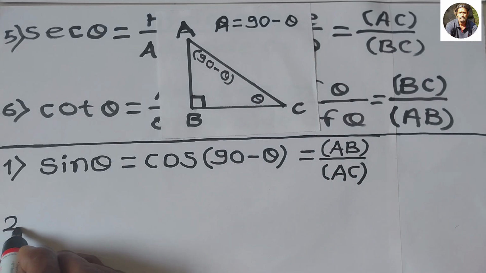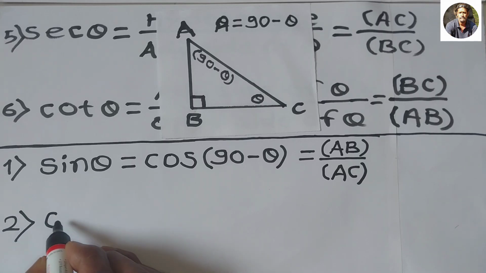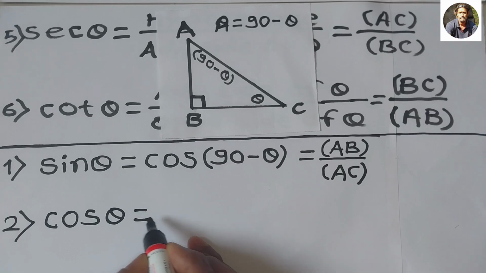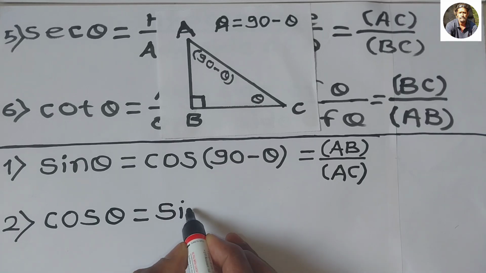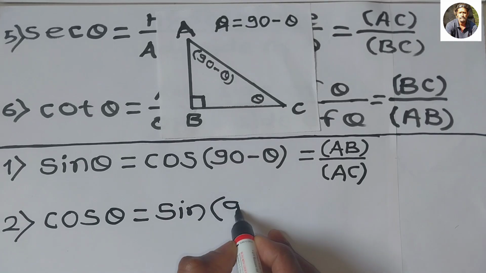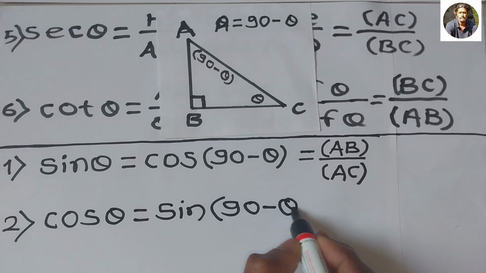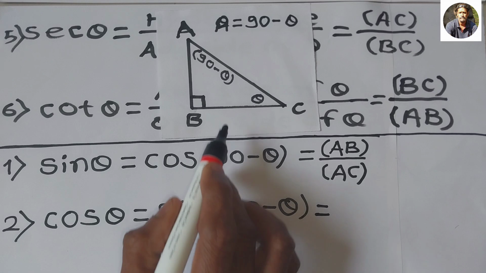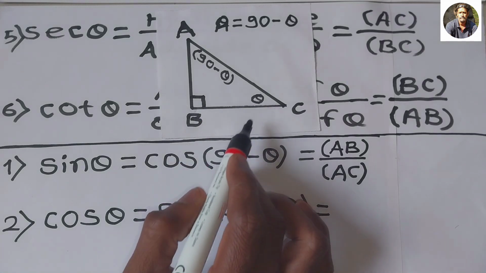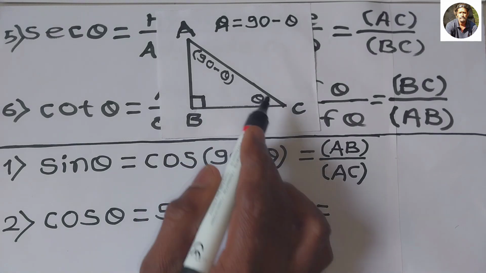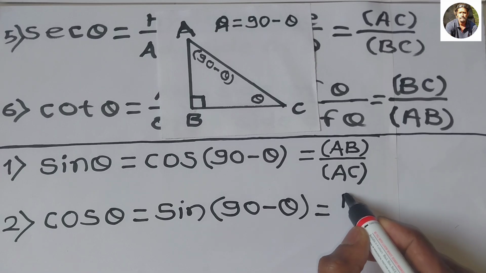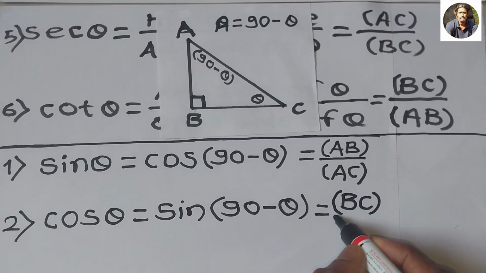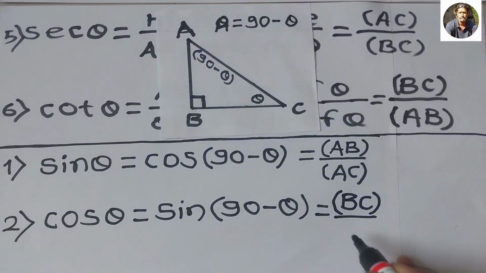Then second formula, that is cos theta is equal to sin 90 minus theta. Now look here, when we take cos theta, then adjacent side of angle theta, that is BC, upon hypotenuse AC.